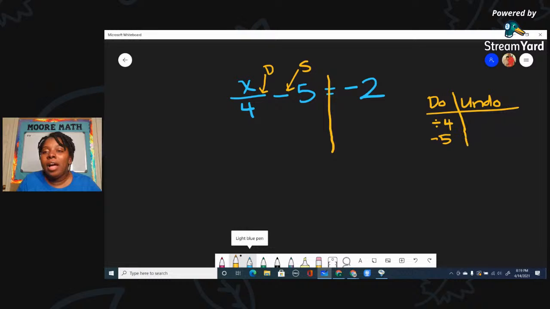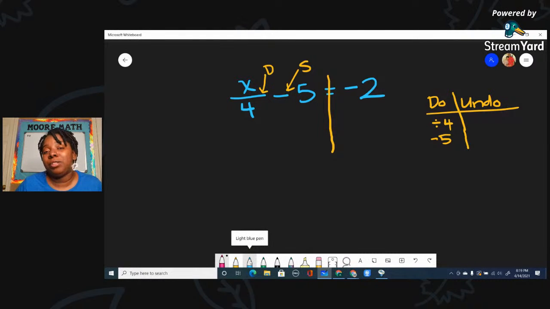That's great, but I don't know what x equals. So I need to get rid of this minus 5 and this division by 4 so that x can be by itself. I need to figure out what x equals. So let's get rid of it.